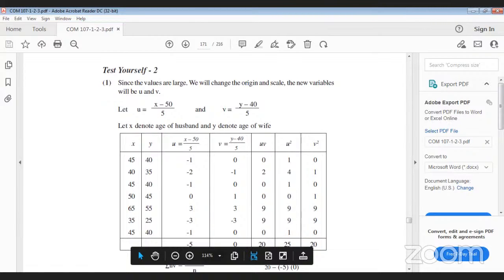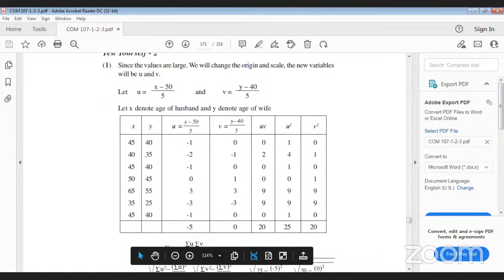For the third it is also minus 1, 0, then 0, 3, minus 3, and minus 1. The summation total is minus 5 for the third column. For the fourth column for y, v is equal to y minus 40 upon 5. For first 0, second minus 1, third 0, fourth 1, then 3, minus 3, and 0. The total is also 0.